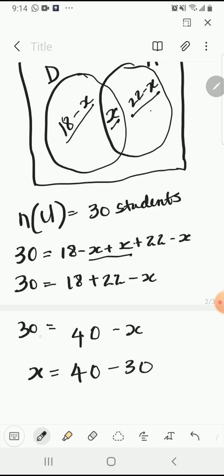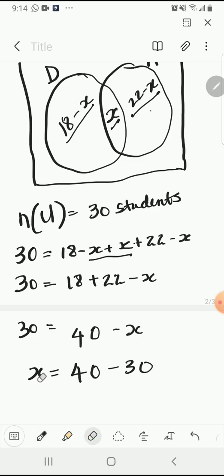Because remember, when you move a term from one side of the equal sign to the other, then the opposite operation is done. So x would be equal to 40 minus 30.